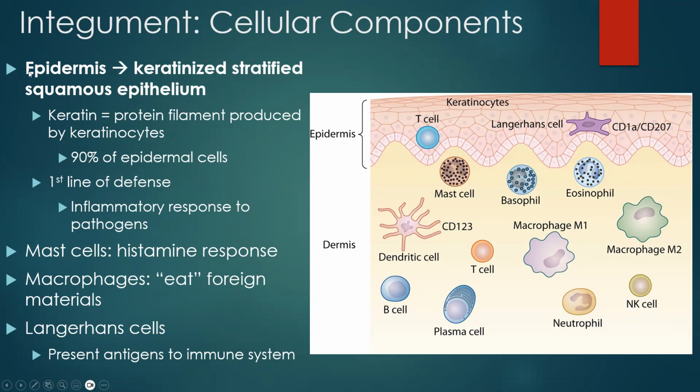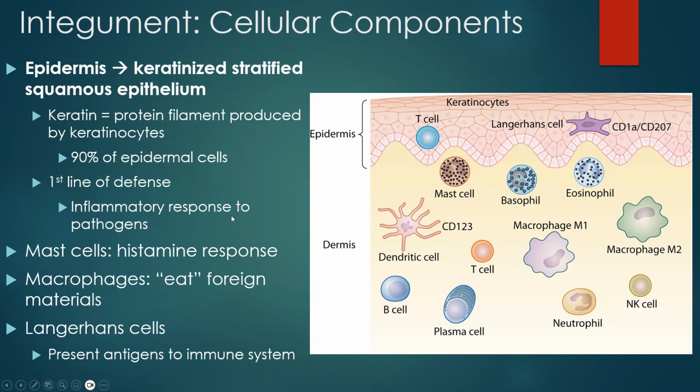We have multiple layers of flattened cells forming our epithelium. Keratinized refers to the hardness of these cells. So keratin is this really tough protein that is produced by cells within the epidermis. And most of the cells we see will be keratinized, which means they're hardened. And they also play a role in our immune defense.